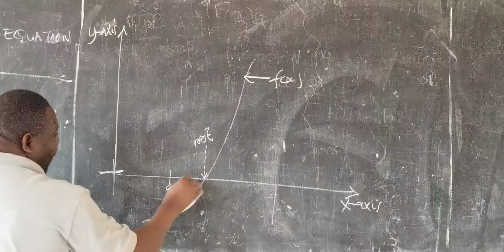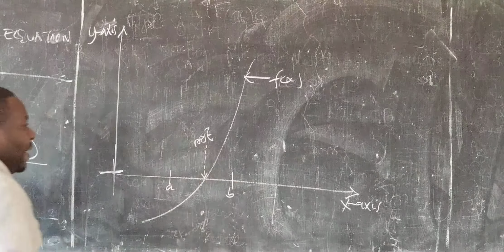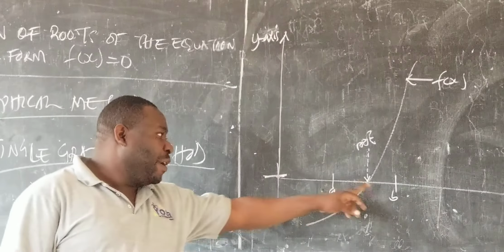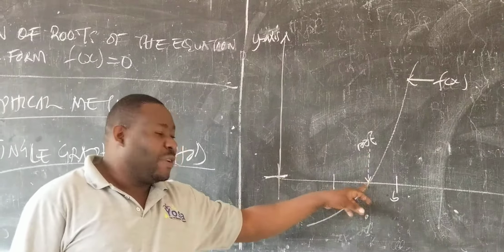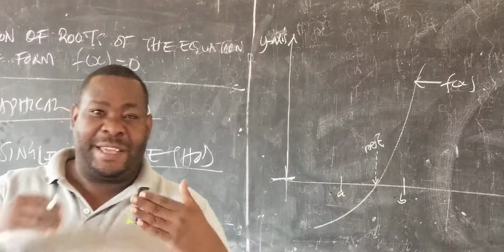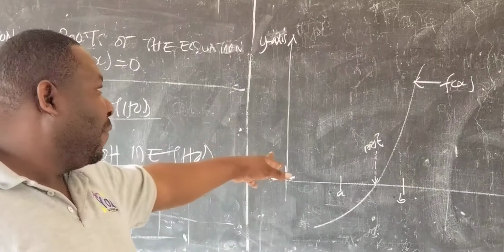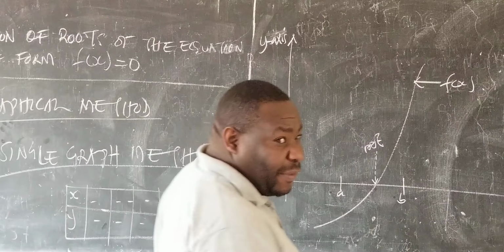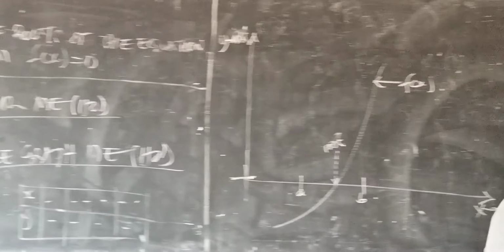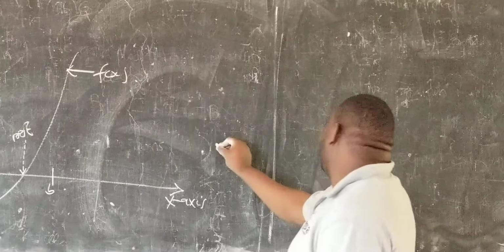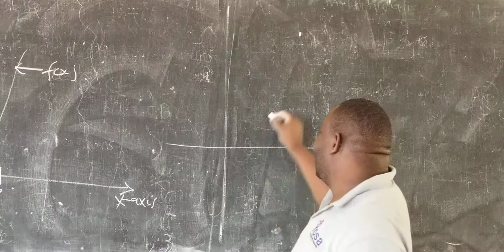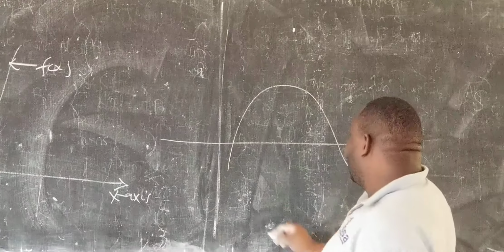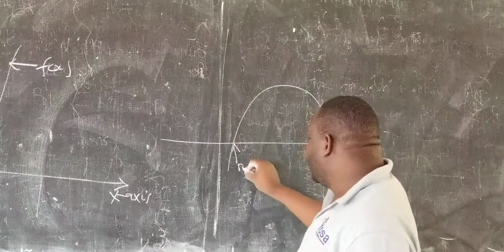And if it is the interval AB, then you say the equation has a root in the interval AB, and you can locate the root. The root is where exactly the graph cuts the x-axis. If it cuts the x-axis like 2 times, like this, then this one here will be a root.